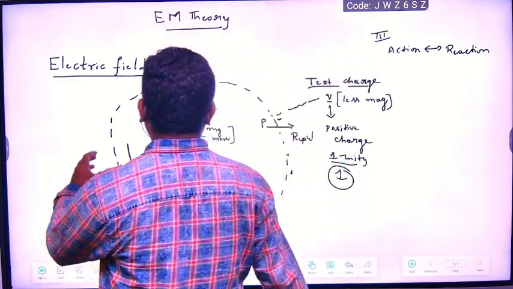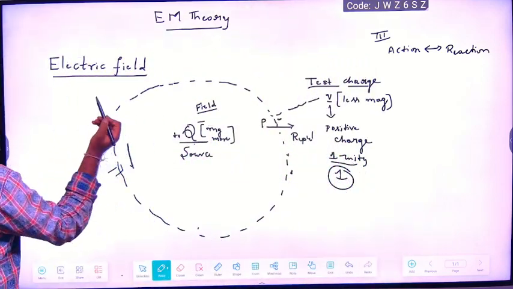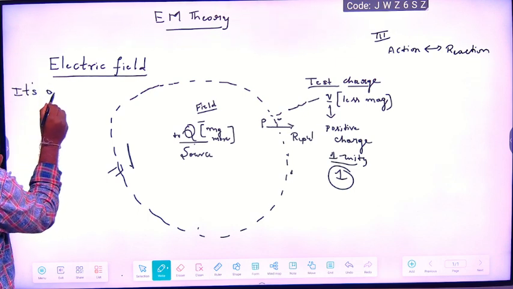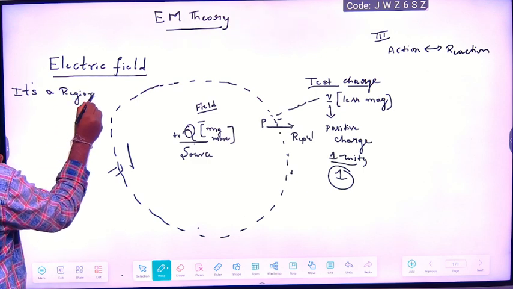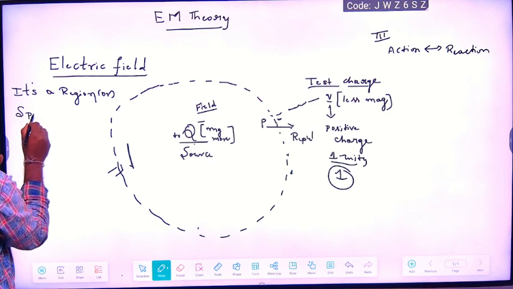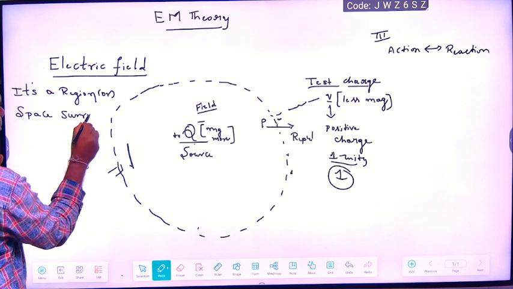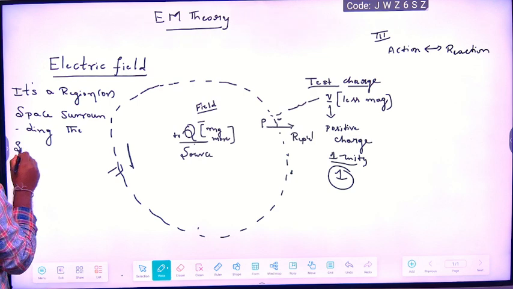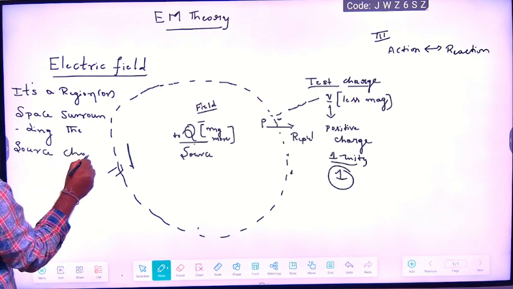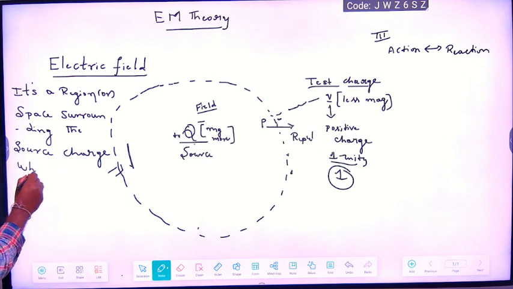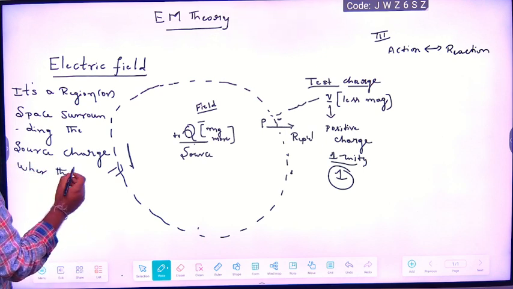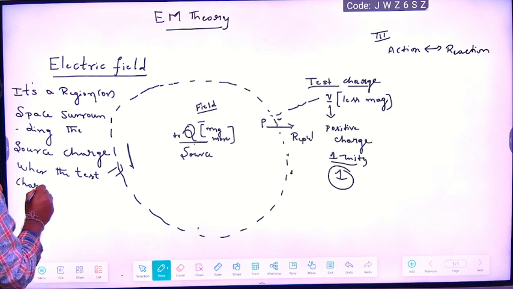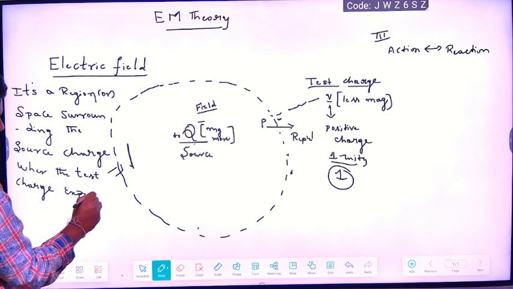So you can define the electric field as the region or space surrounding a source charge. You can write: it's a region or space surrounding the source charge where the test charge experiences a force of repulsion.